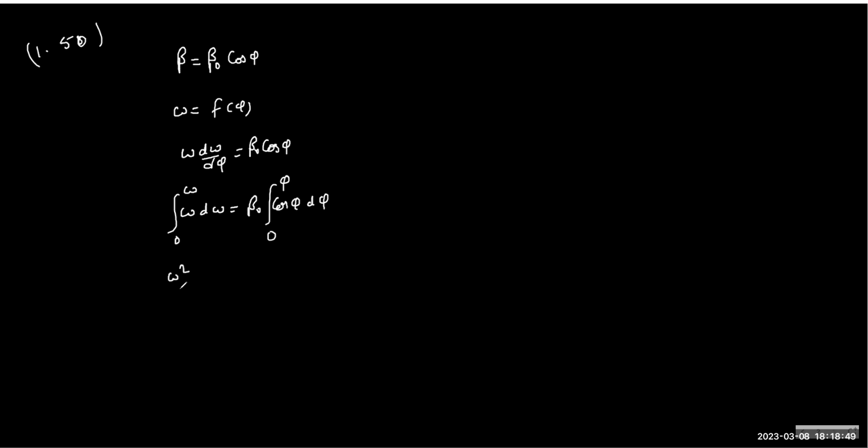So omega square by 2 is beta naught sine phi. And you're supposed to draw the graph, which is the sine phi graph.